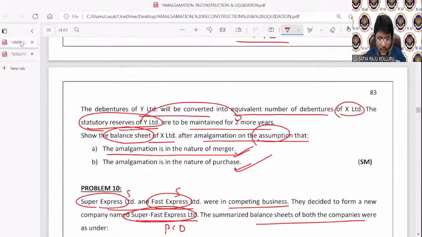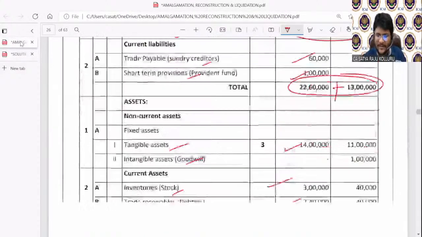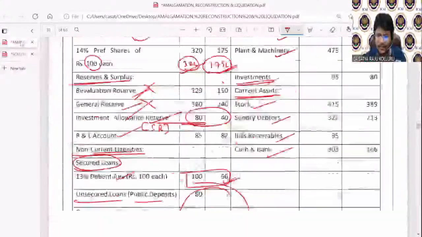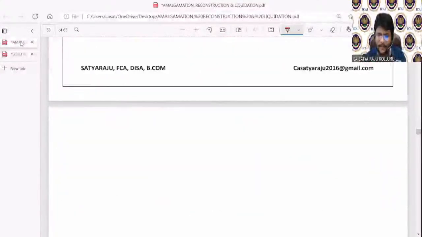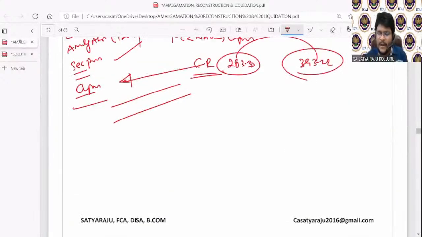Sir, how to find out whether the method is net assets method or intrinsic value method? Okay. I told you both are same actually. There is no difference. But one thing you have to understand here. I will explain, please concentrate. For example, in the problem it is clearly given that selling company is here, purchasing company is here.